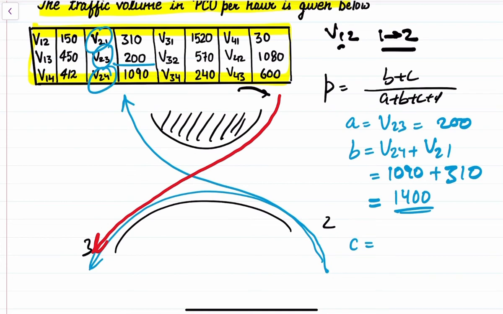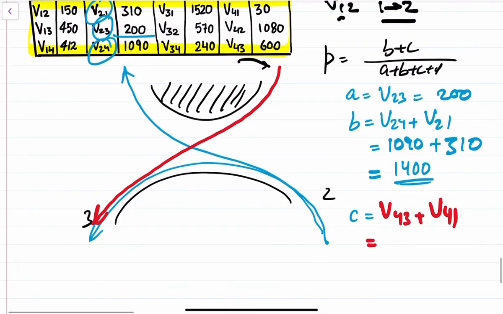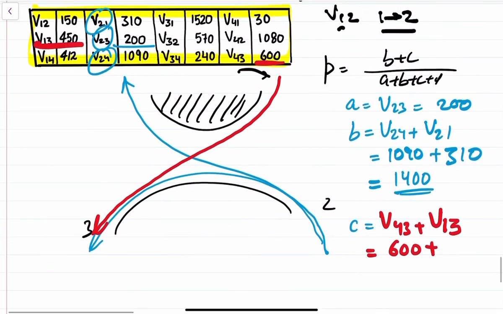So we have the vehicle coming from 4 going to 3 and the vehicle coming from 1 going to 3. V43 is 600 and V13 is 450.